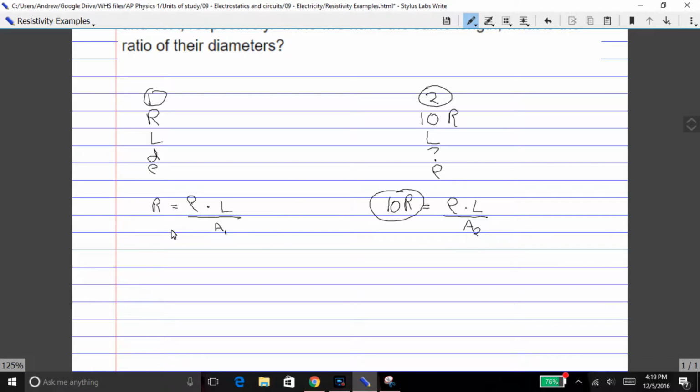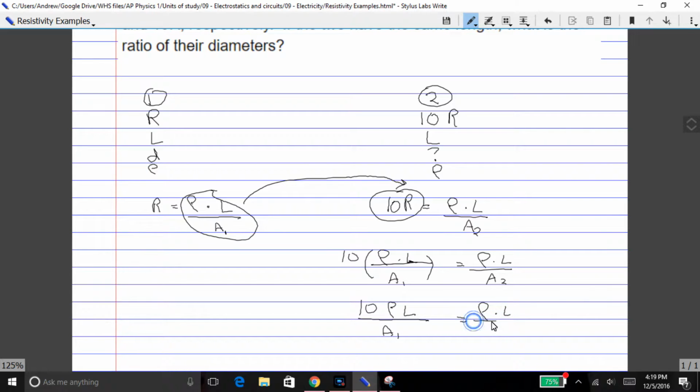So I'll plug in this R is equal to rho L over A1. I'll put that in for R over here. So I'm going to plug this whole expression in for R, and then I'll have 10 times rho L over A1, and then that's equal to rho L over A2. And write that then as 10 rho L over A1 equals rho L over A2.